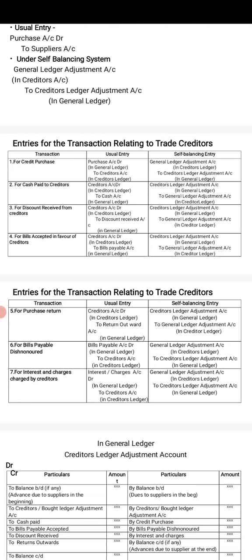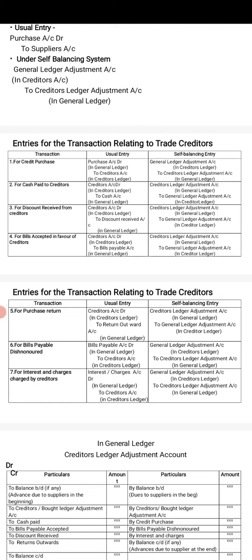That time, creditors account debtor to return outwards account. In self-balancing system, creditors ledger adjustment account debtor to general ledger adjustment account.